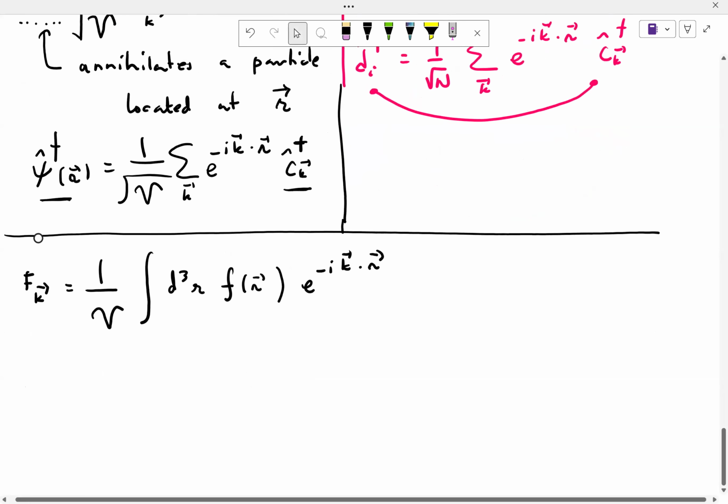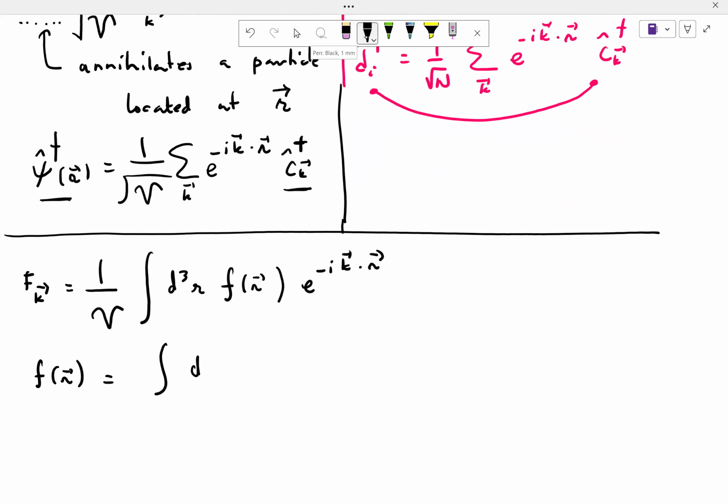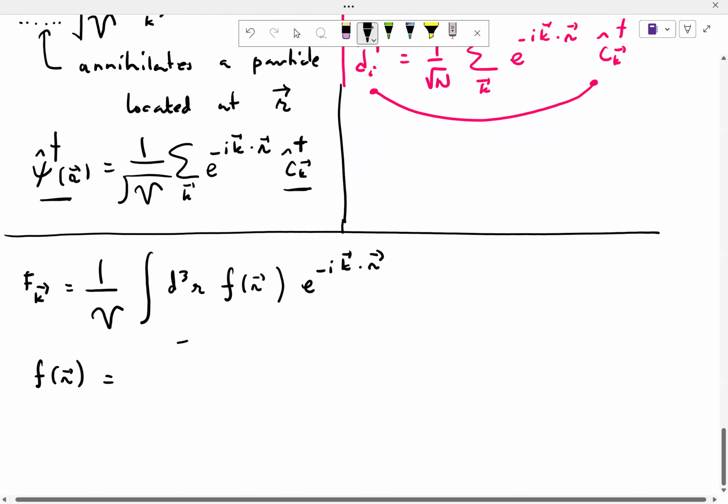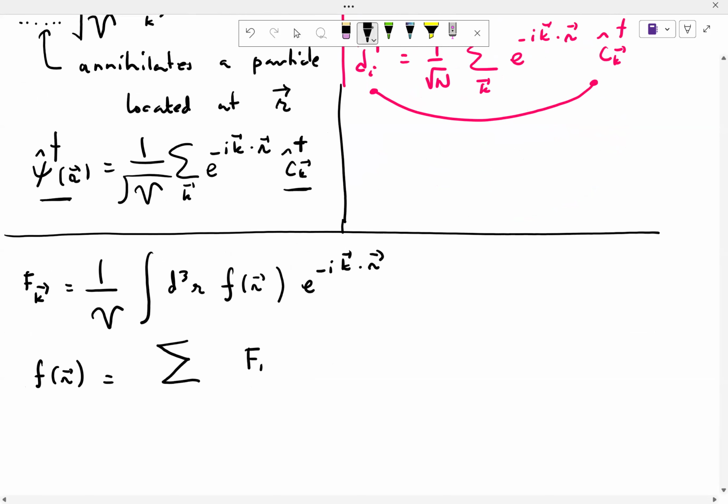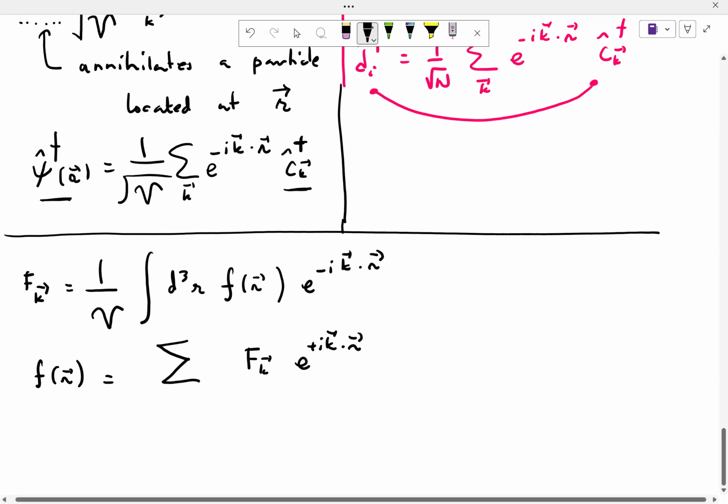Okay. And I can also go the other way around. So my f(r) is, since the Fourier space is digital or discrete, instead of the integral, I have this summation of all the f_k's, e^{+ik·r}. And I do not have a 1 over root V or a 1 over V here. So these are definitions that I will use.